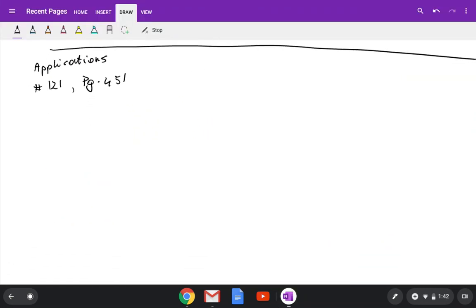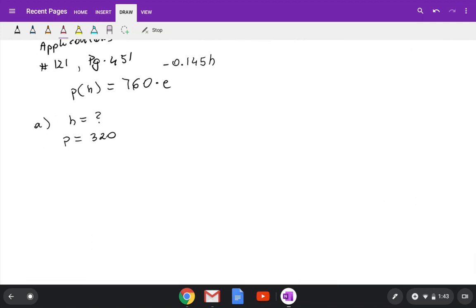So this is what they gave us. P of h equals 760 times e to the power of negative 0.145 h. In A, they want you to find the height when the pressure is equal to 320 millimeters. So we're going to replace P of h with 320.